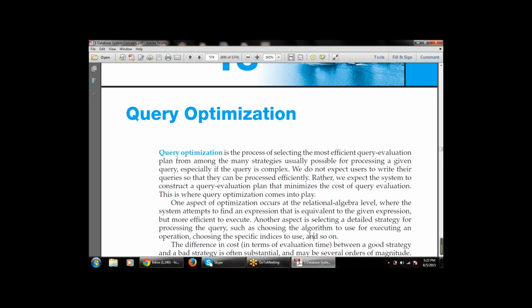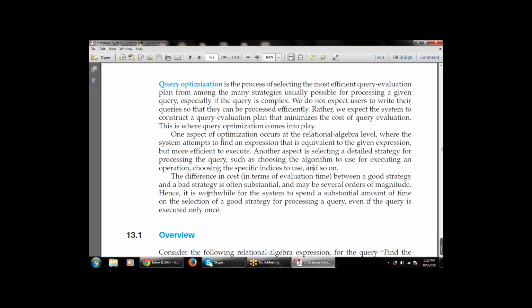The difference in cost, in terms of evaluation time, between a good strategy and a bad strategy is often substantial and may be of an order of magnitude.